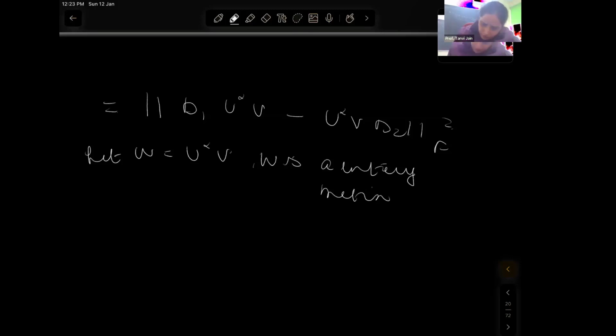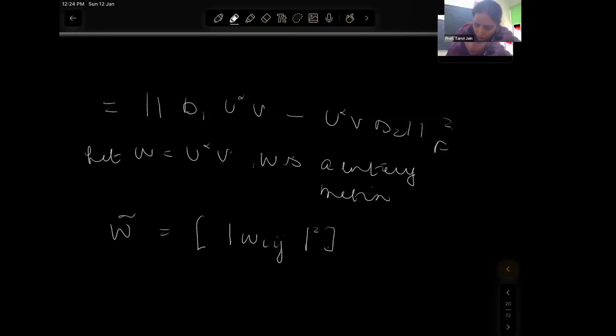Let's take W tilde to be the matrix with the ijth entry as mod Wij square. It is a matrix with non-negative entries because it's mod Wij square. And what is the row sum and column sum?